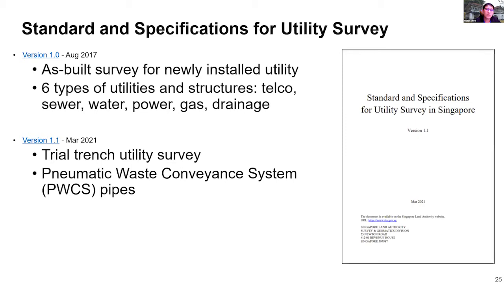One of them is known as the pneumatic waste conveyance system pipes. So this is a utility that is used for waste management in Singapore. The new towns in Singapore are installed with this kind of system underground, and the standards of the utility survey would cover this area going into the future.